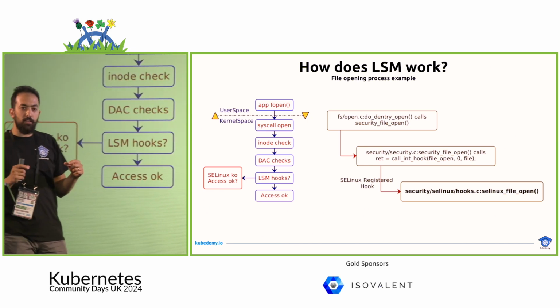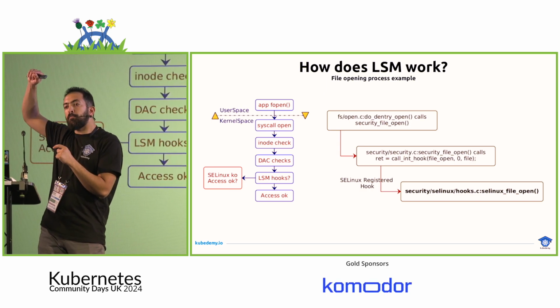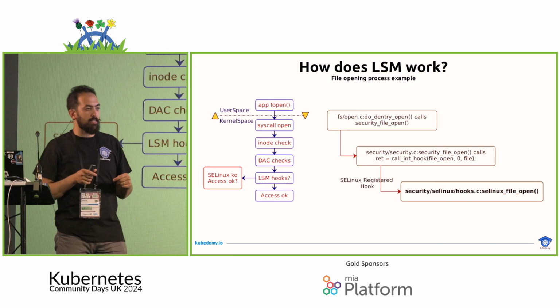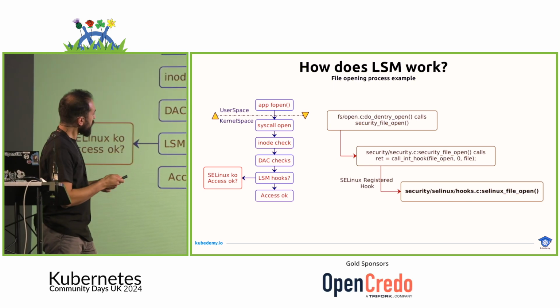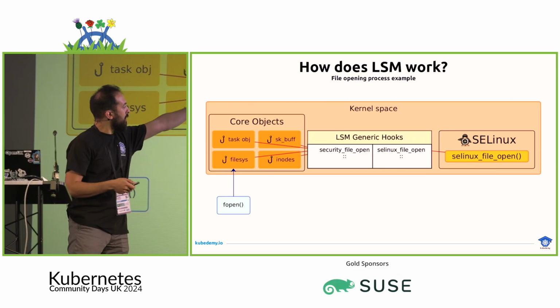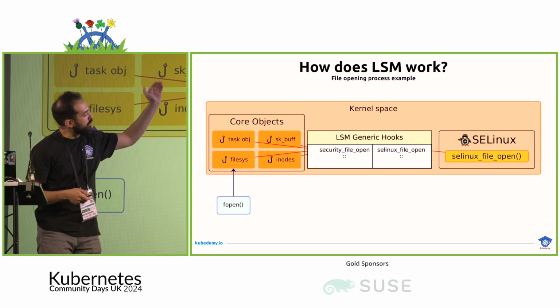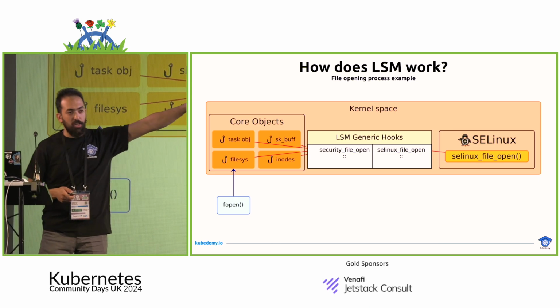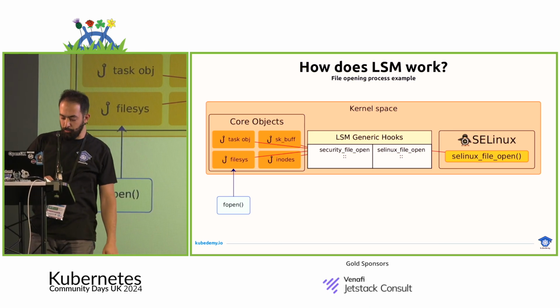This function checks the policy and verifies if the process is allowed to do so. You can see the fopen goes to the LSM security_file_open, which calls selinux_file_open, then checks the policy, and then gets back to the process again.